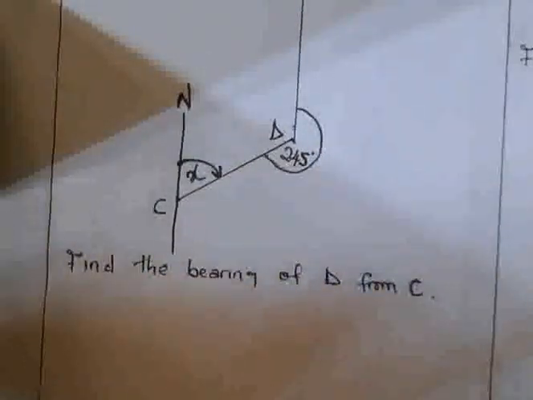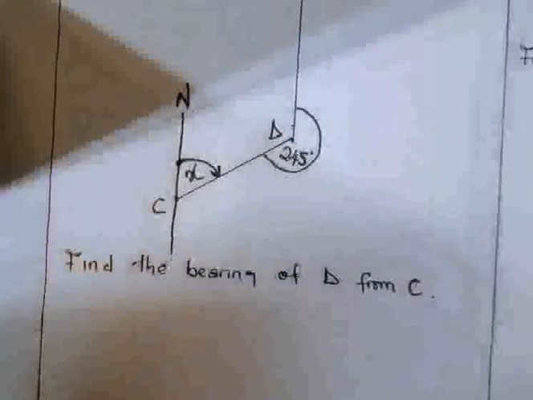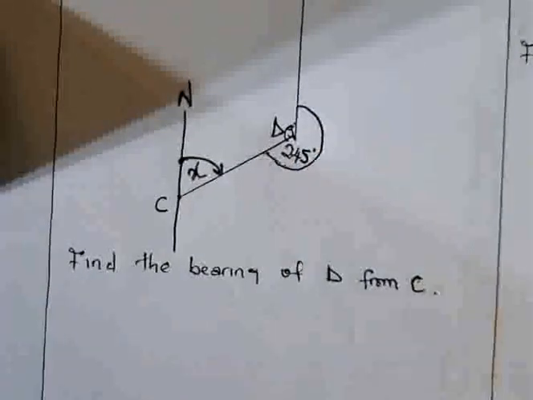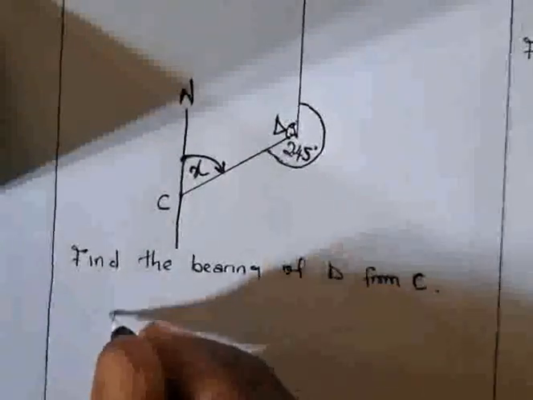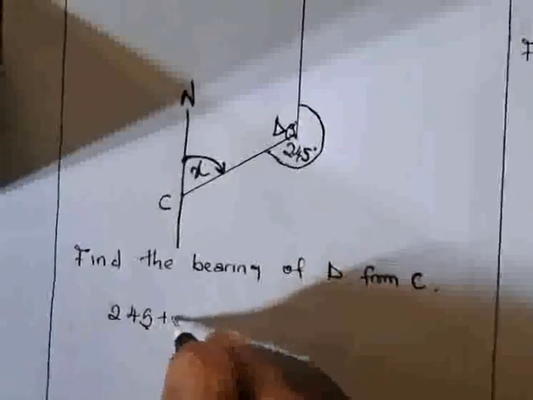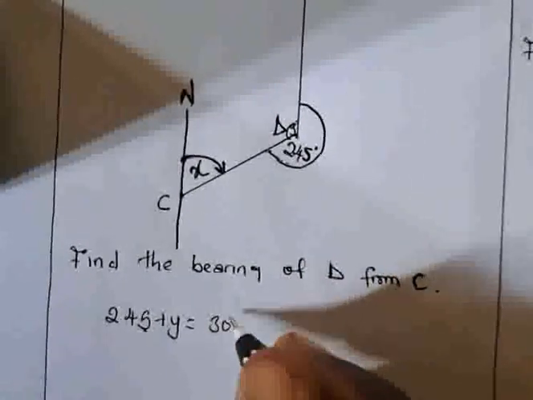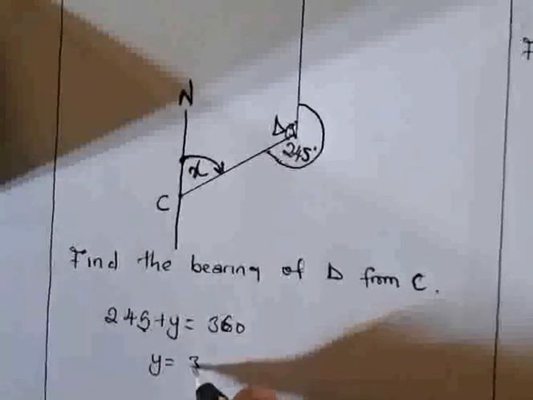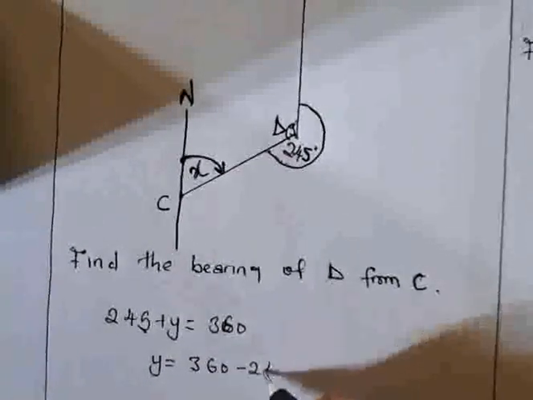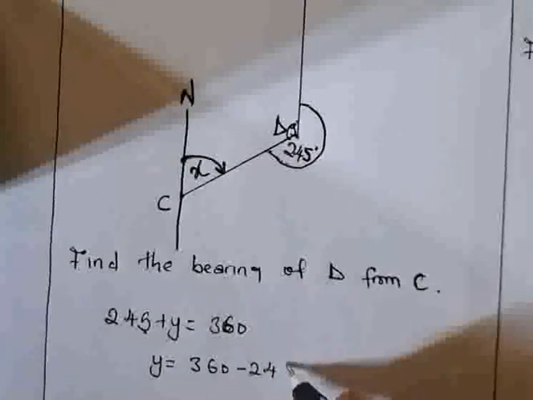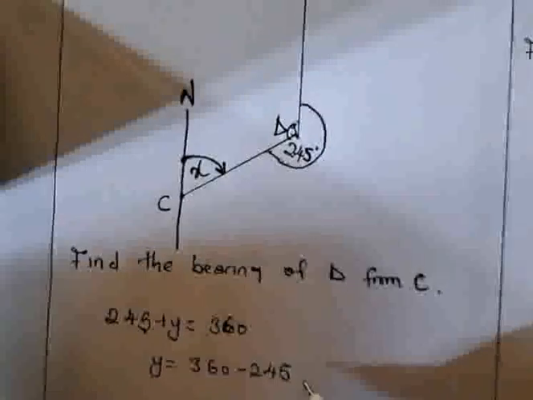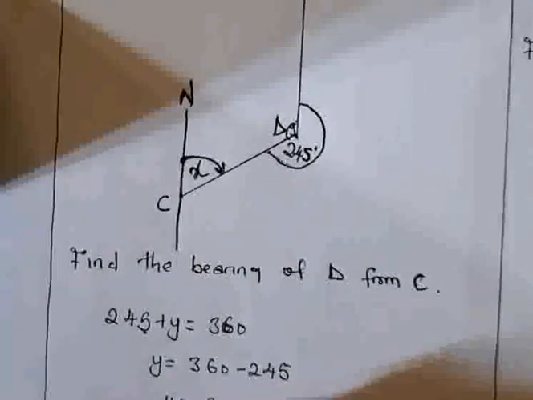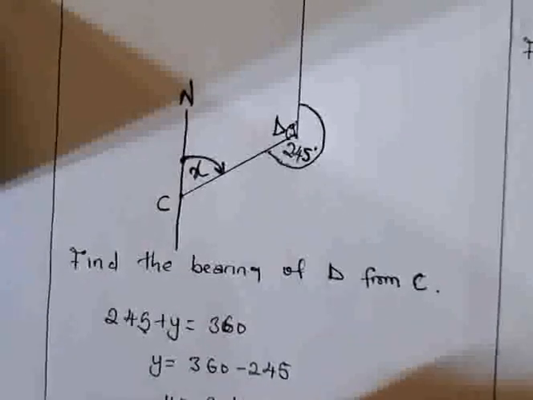Let us call this part Y. So 245 plus Y is equal to 360, so Y is equal to 360 minus 245. Y is equal to 115.